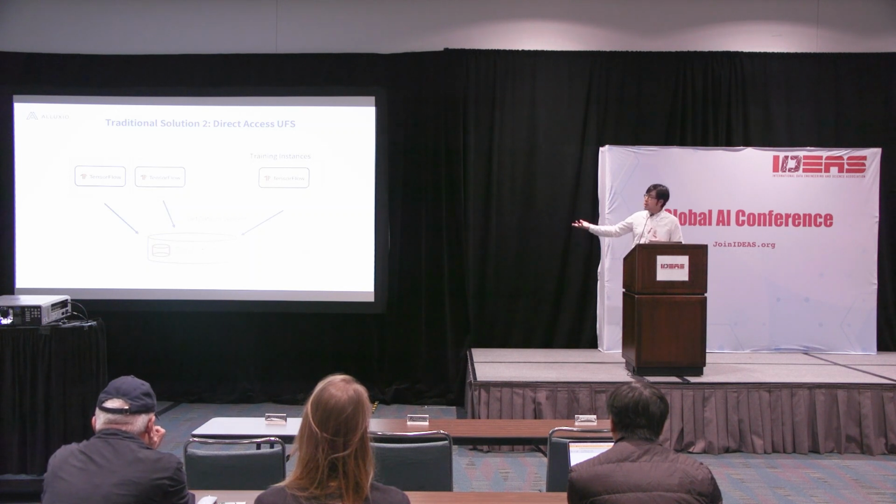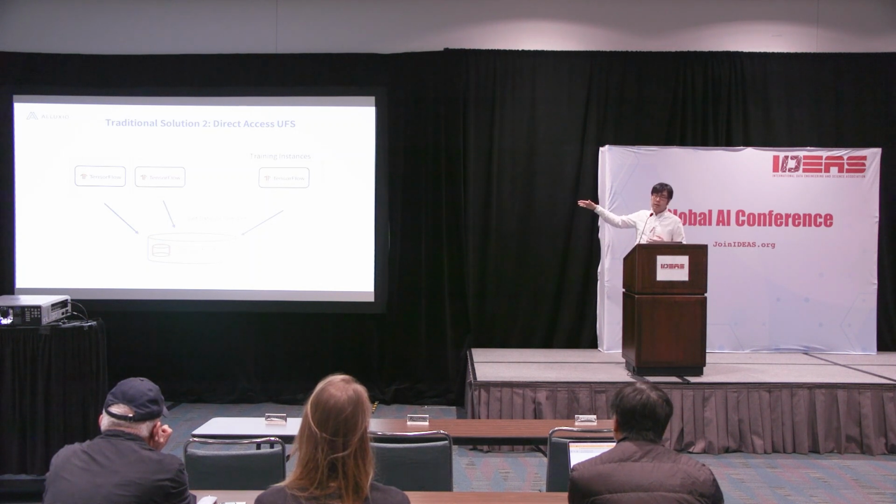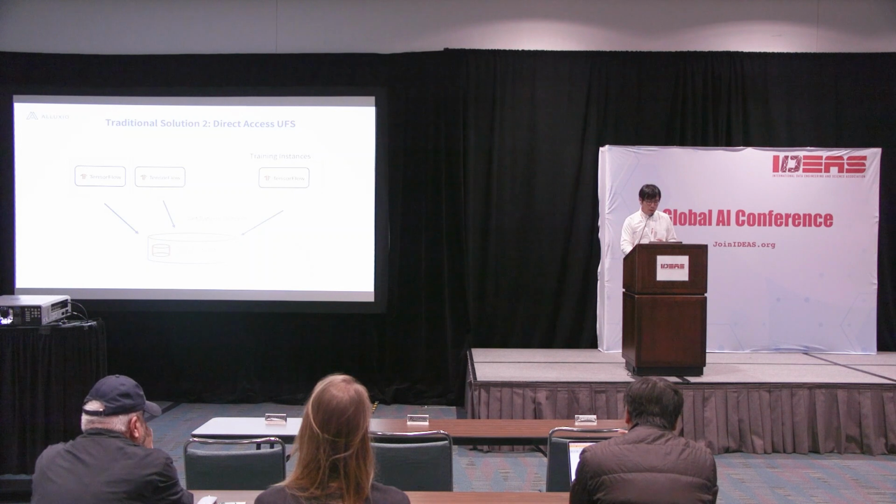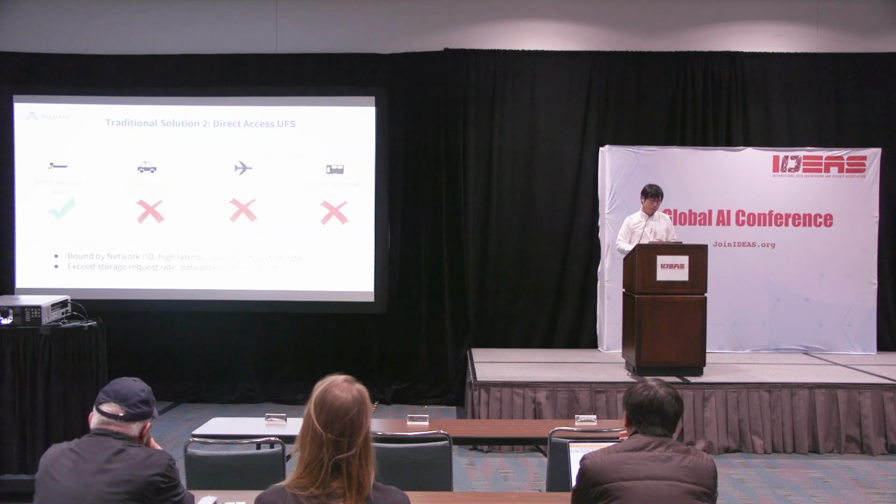In terms of maintenance, this is smaller because you don't have to actually do anything. You just configure this access layer, then you just go there directly. Well, the good thing is you get direct access to the data, but you have higher latency because you have to retrieve data repeatedly.